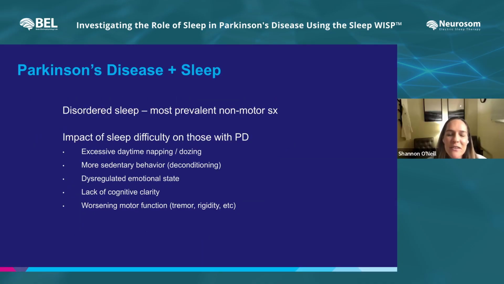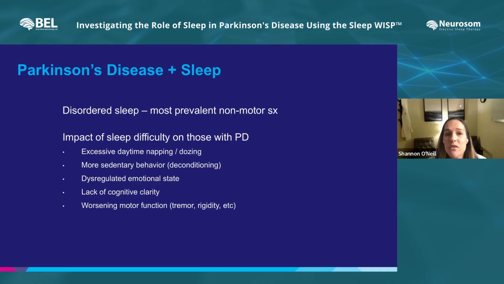This is a relevant protocol within my work because I offer behavioral medicine interventions to those managing various neurological conditions. As for Parkinson's, disordered sleep is one of the most prevalent non-motor symptoms. Approximately 90% of patients report nocturnal sleep disruption, and of those, insomnia affects 80% of those with Parkinson's.